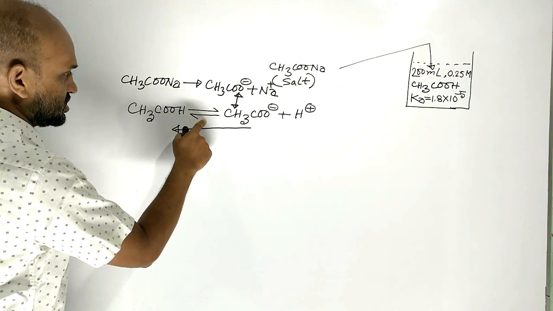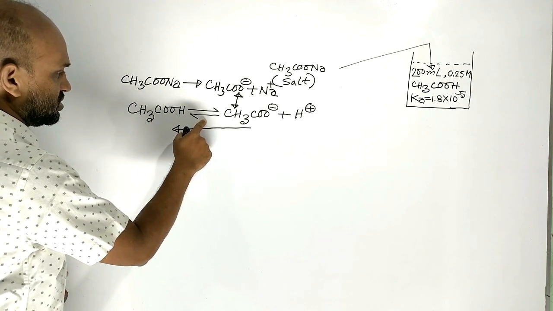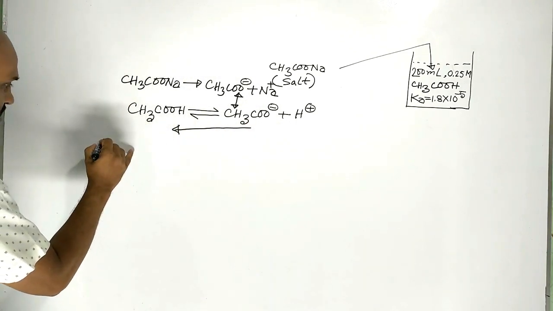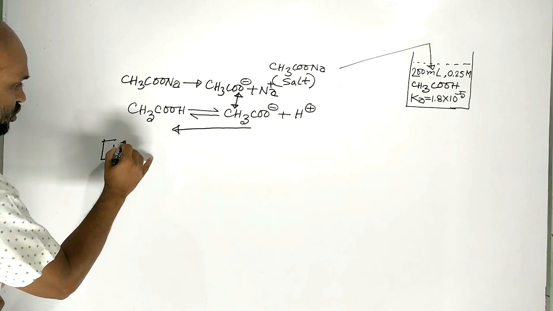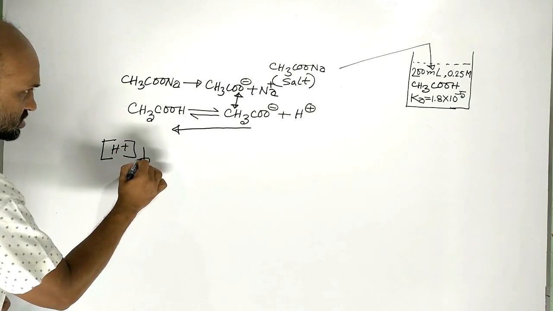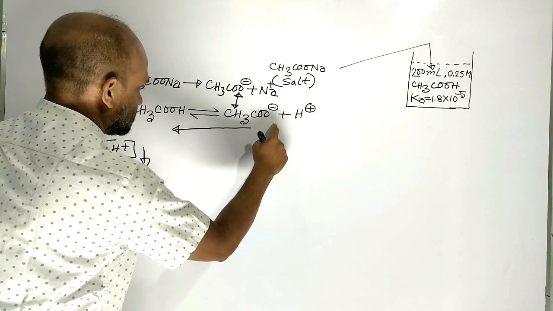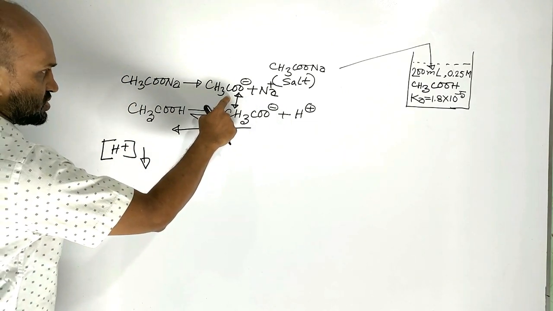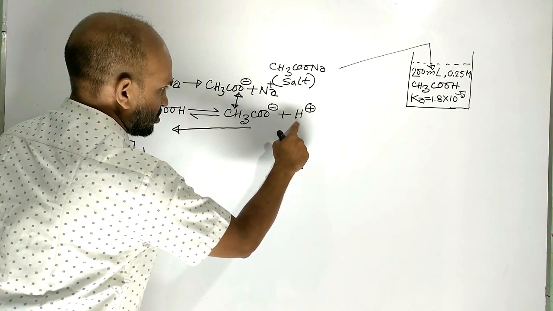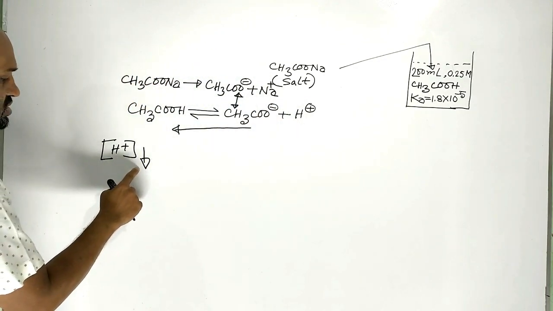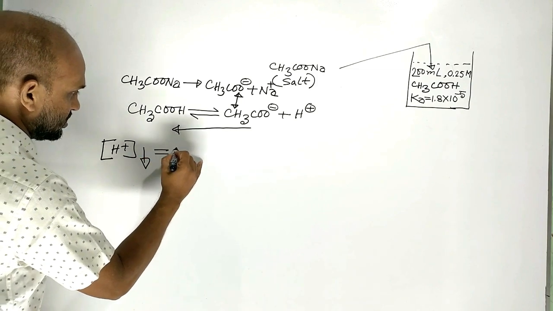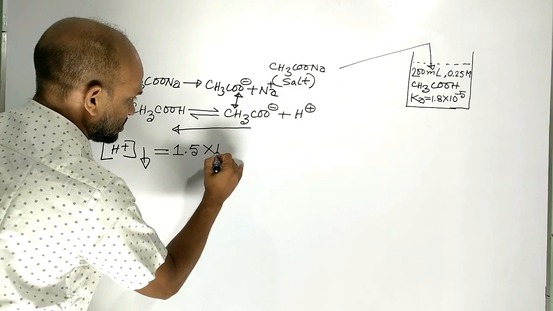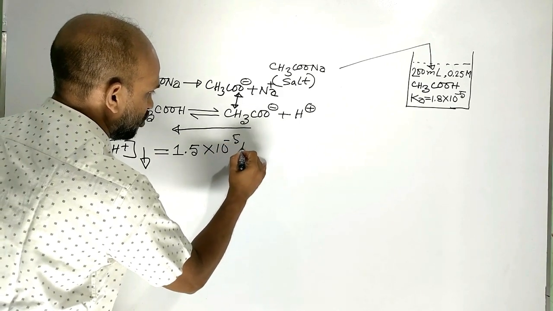When this reaction equilibrium position moves from right to left, the concentration of proton decreases because products convert to reactant due to the common ion effect. As a consequence, the concentration of hydrogen ion decreases, and when this is 1.5 times 10 to the power minus 5 molar.